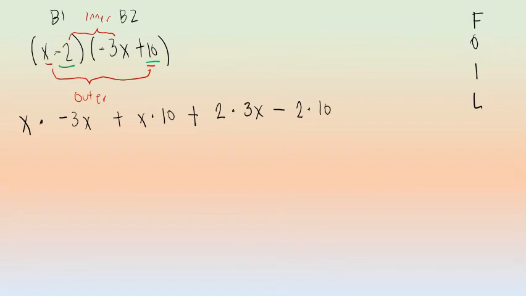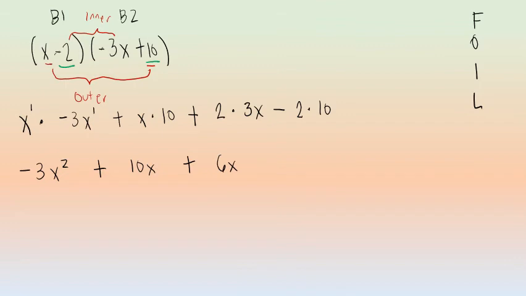Okay, let's simplify. So x times negative 3x. So that is negative 3. Copy the base x. Then add your exponents. 1 plus 1 is 2. So negative 3x squared plus x times 10 is 10x plus 2 times 3x, that is 6x.